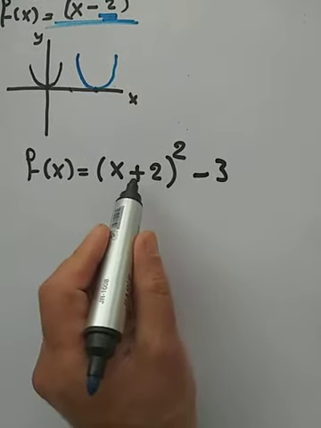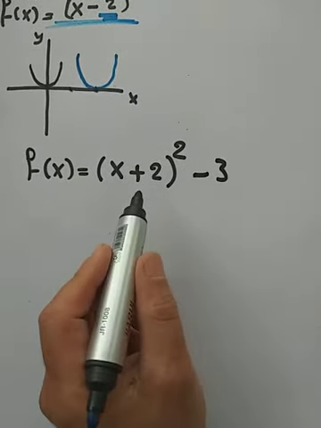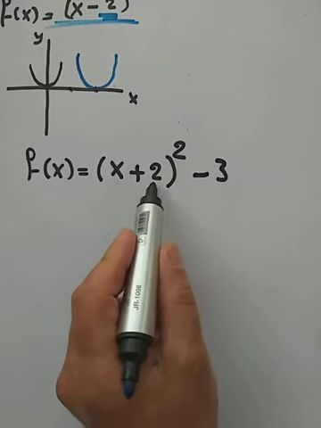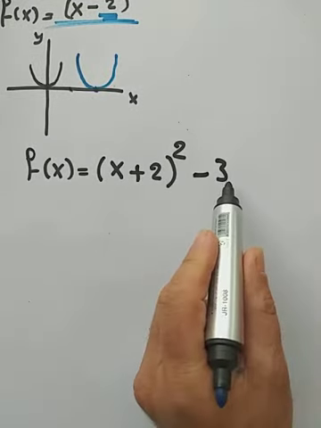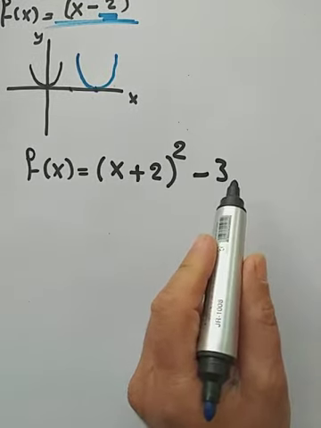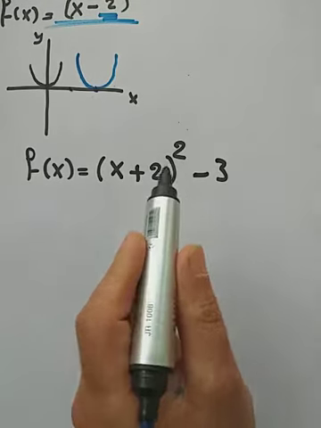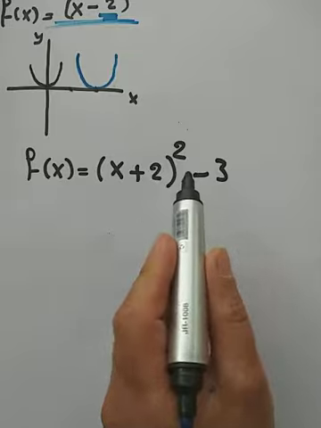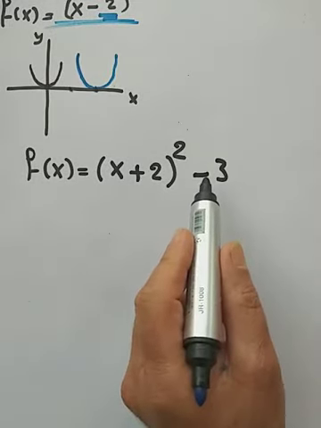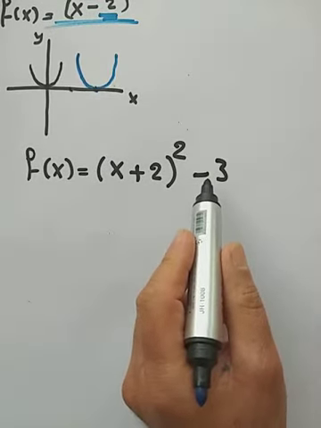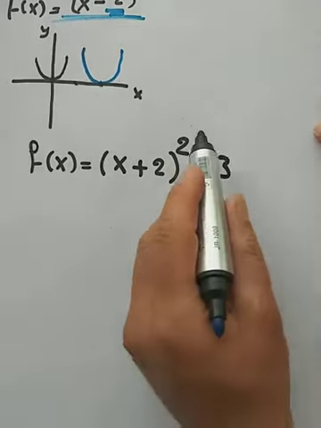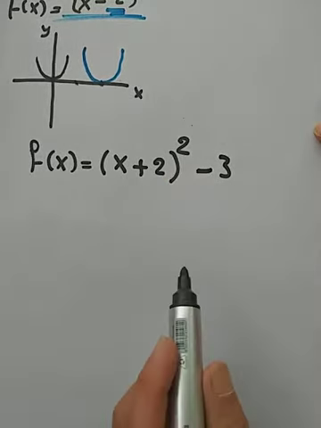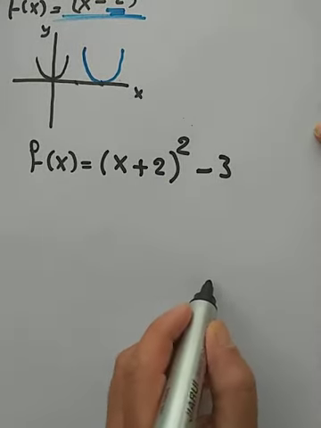The number inside the bracket is a horizontal shift. The number outside the bracket is a vertical shift. Plus 2, we go to the left 2 units. Minus 3, we go down 3 units. And the parent function is x squared. Then the graph will be.